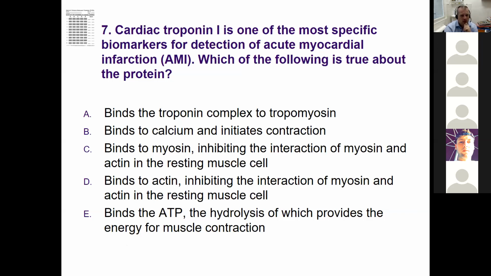Which describes the localization and the function of troponin I at best? The question is specifically about one of the 3 subunits of troponin, troponin I. And again, if you remember our class on muscle tissue, this should be a piece of cake for you.